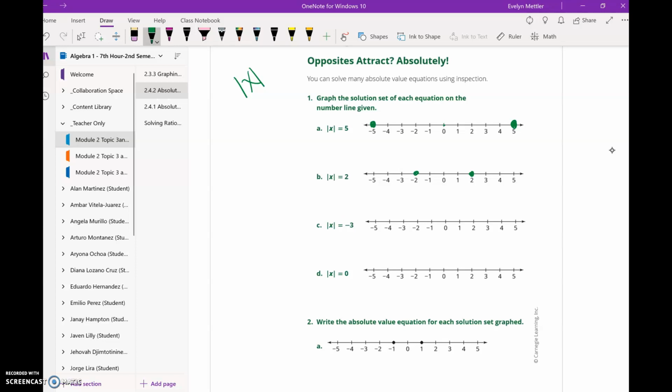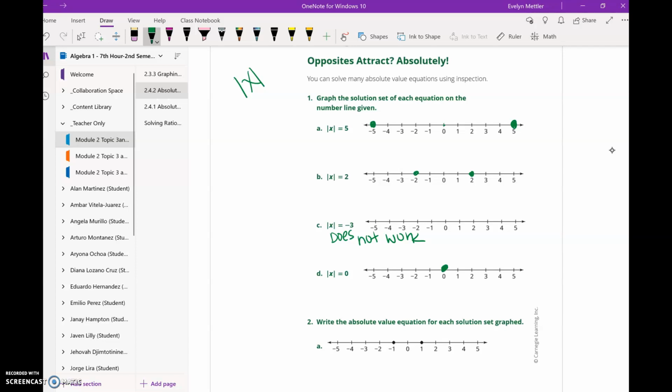That does not work. So this does not have a number that is negative 3 away from 0. If I think about the absolute value of x equaling 0, there's only one thing that's 0 away from 0, and that's 0.